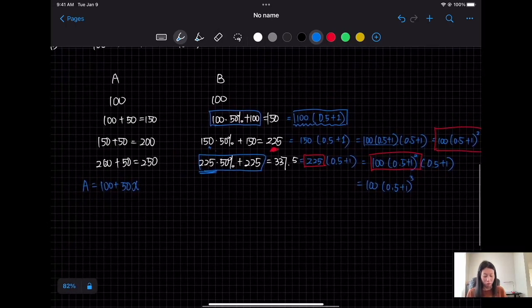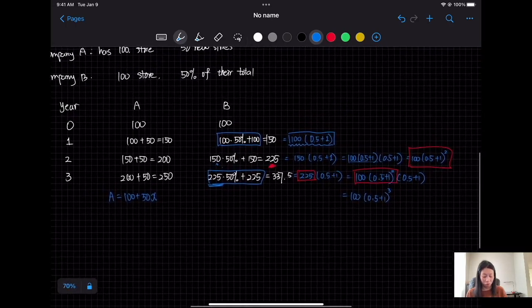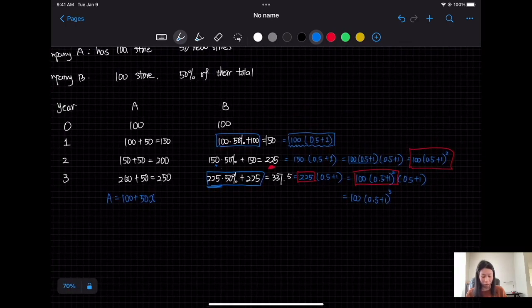If we summarize it, at the first year your function has a base of (0.5 plus 1) to the exponent 1. For the second year, the exponent is 2, and for the third year, the exponent equals 3. So your growth function should look like 100 times (0.5 plus 1) to the x power.